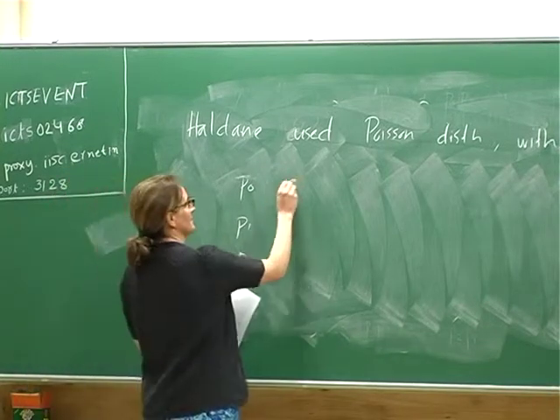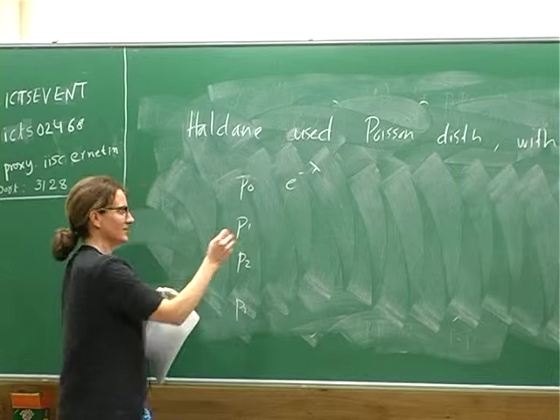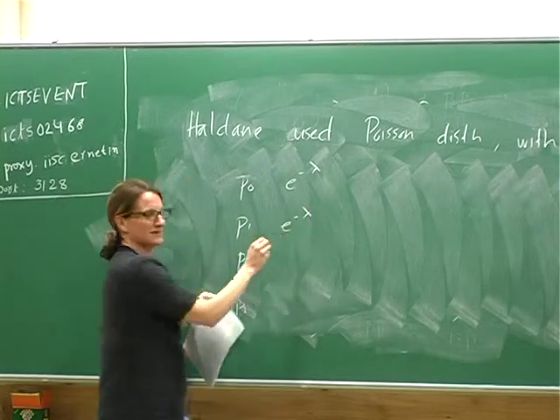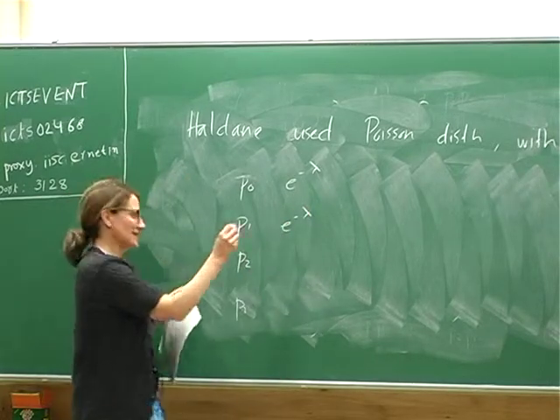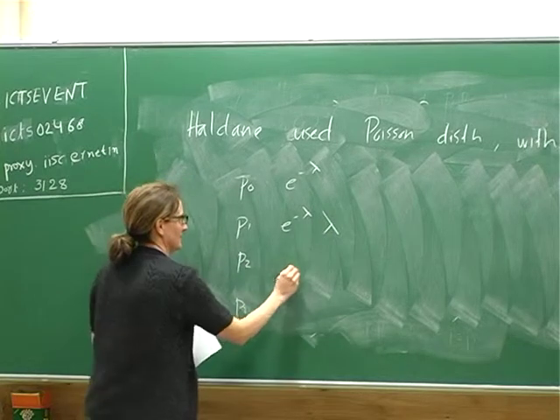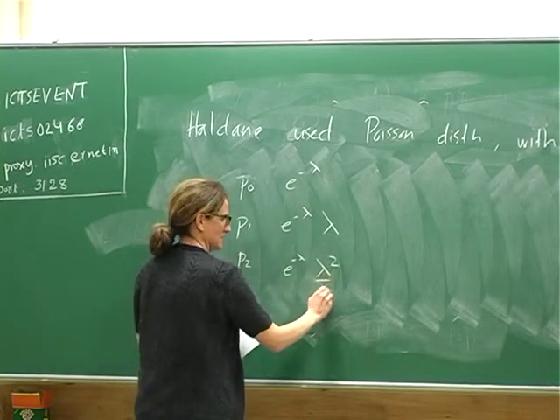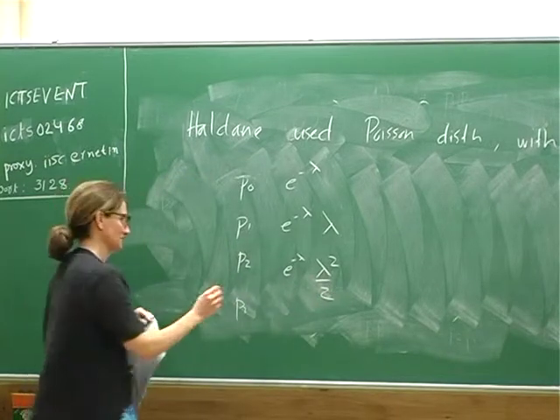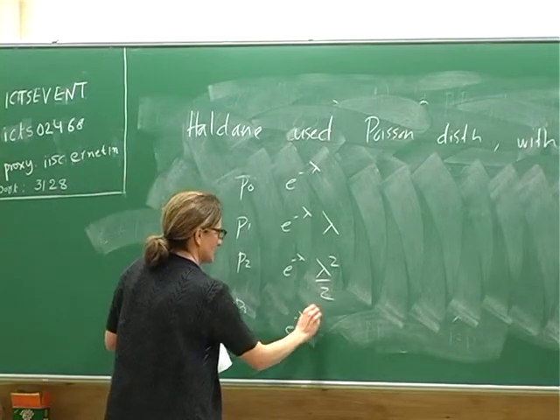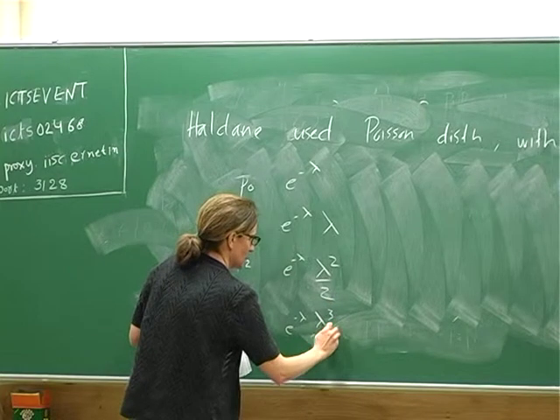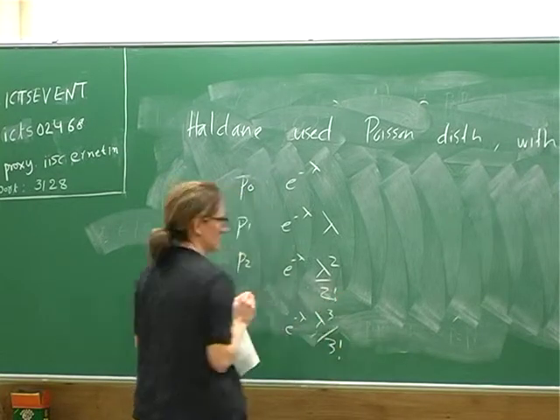Yeah, that's good. E to the minus lambda is here. And then we've got another e to the minus lambda, lambda. And e to the minus lambda, lambda squared on 2. E to the minus lambda, lambda cubed on 3. These are really factorials.